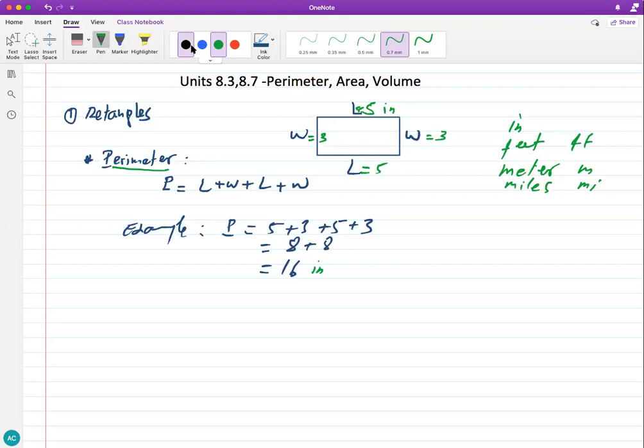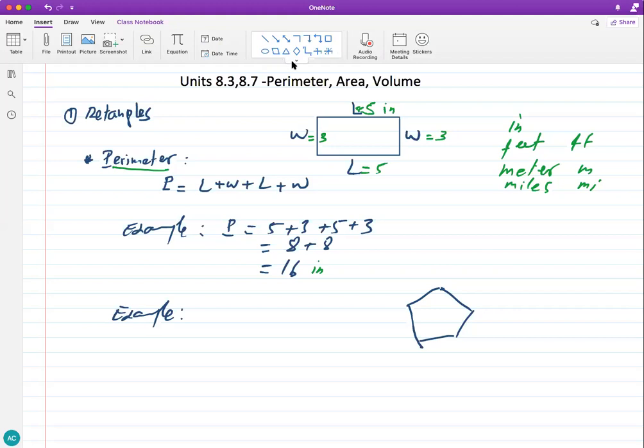If we take another shape, whatever it might be, 1, 2, 3, 4. Let me see if we can find the shape here. Okay, I don't have an octagon. 1, 2, 3, 4, 5. I mean a pentagon. So this one has 1, 2, 3, 4, 5 sides, so this is the shape of a pentagon.